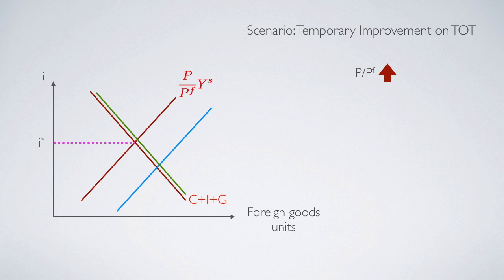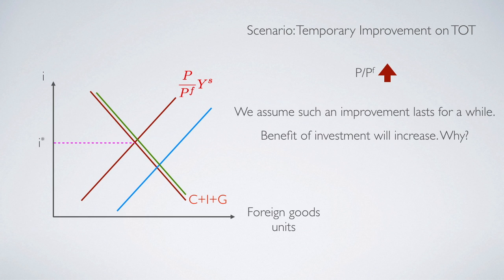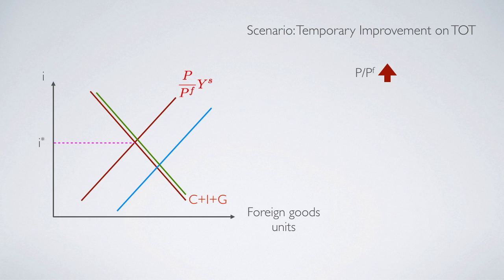And secondly, when the terms of trade improves, here we assume that normally the improvement will last for a while. In this case, the benefit of investment will increase. Why? Here we assume the home country only consumes foreign goods.